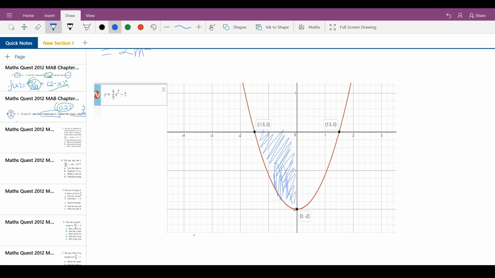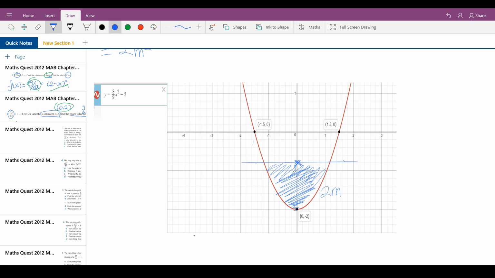Water will fill it up from the very bottom and keep going up, just like that. So somewhere down there is a line such that the water inside will be 2 meters squared, and we are supposed to find the depth, which is here.